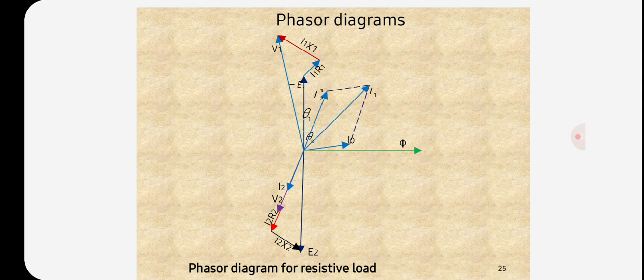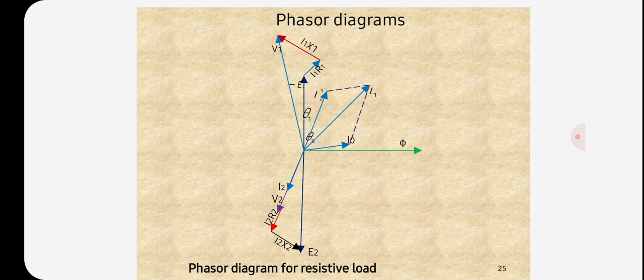Here I naught is the no load current, and I2 dash is the secondary current referred to the primary side, and the resultant current is I1. In this, V1 is equal to E1 plus I1 into R1 plus jX1, so that minus E1 is equal to I1 R1. The I1 R1 is parallel with I1, and the I1 X1 is perpendicular to I1 R1.